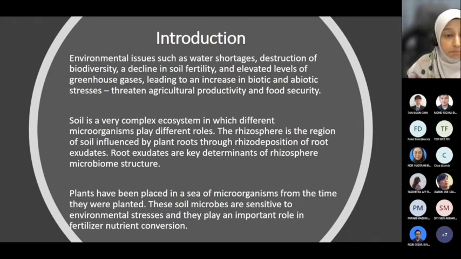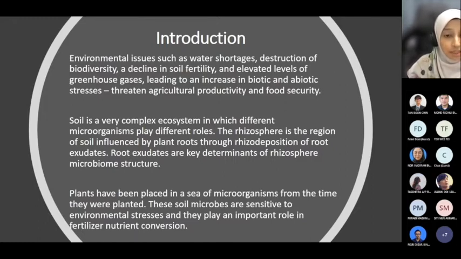So plants and soil microorganisms are communicating together, and that promotes plant growth.